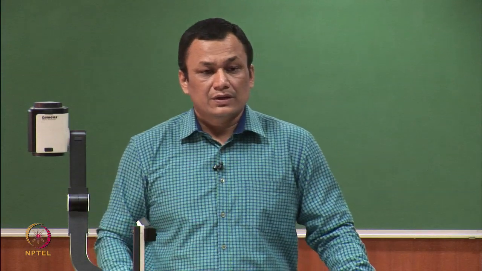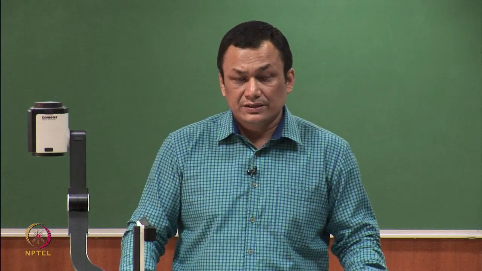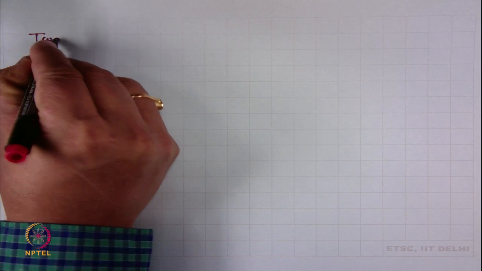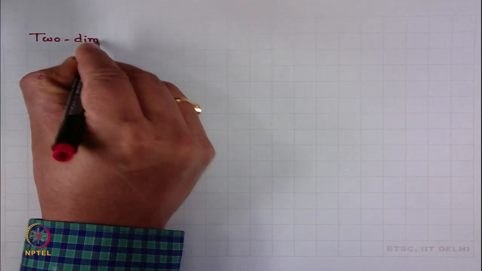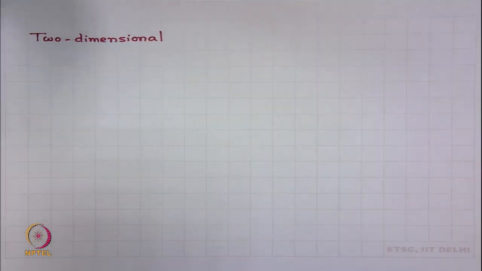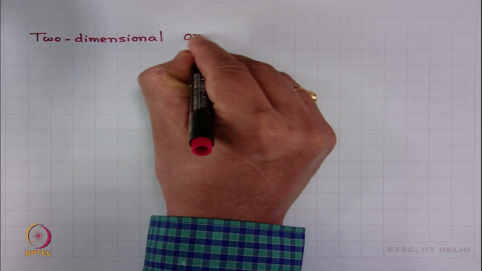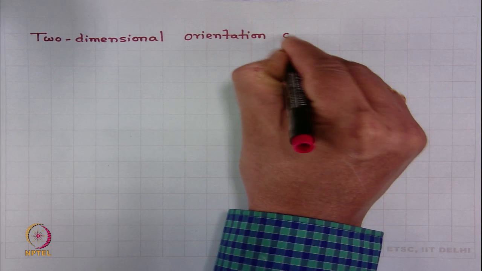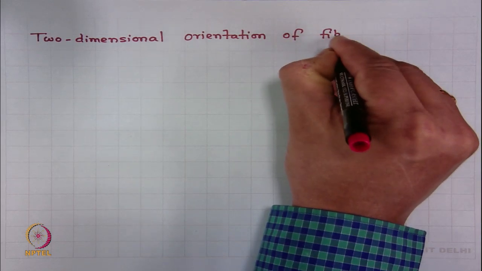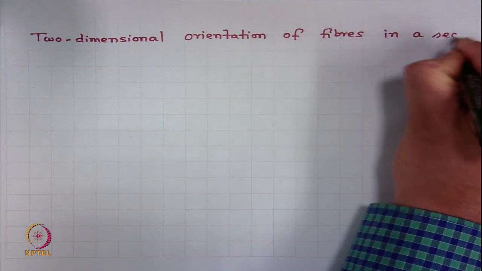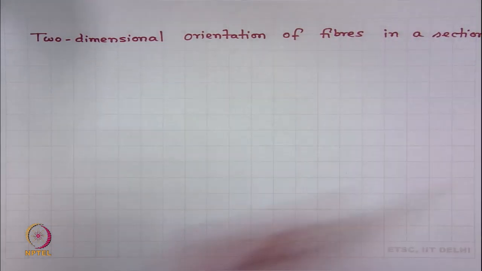So, while studying fiber orientation with the section, we talked about two dimensional orientation of fibers in a section or planar orientation of fibers in a section.